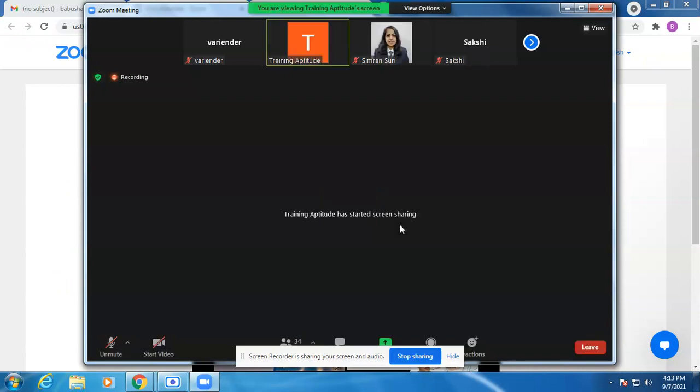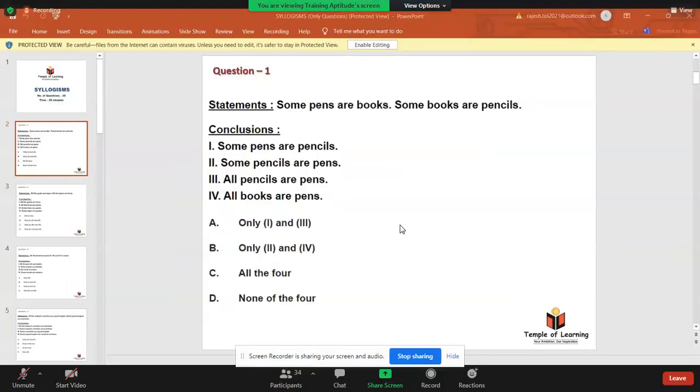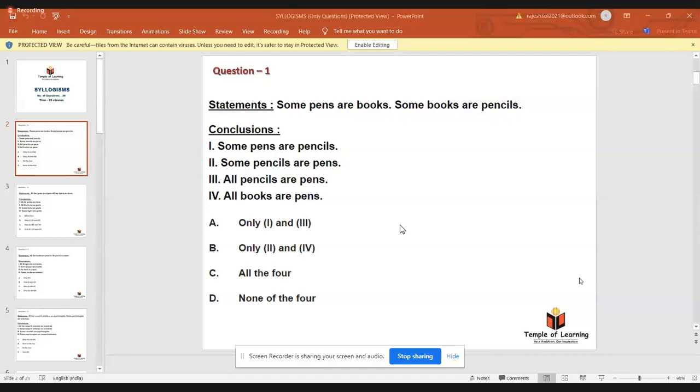All right, so let's start with questions. In syllogisms, typically you have statements. After the statements, you've got certain conclusions. Now, what you have to see is which of the conclusions is correct. Take a screenshot of this question, students, because I'll be drawing diagrams.